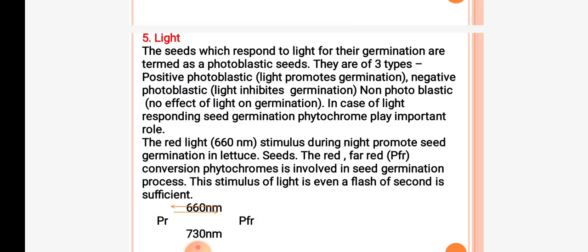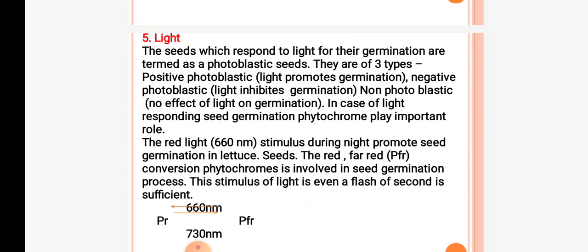Positive photoblastic: light promotes the germination process in the positive photoblastic seeds. Second type is negative photoblastic: light inhibits germination in negative photoblastic seeds.